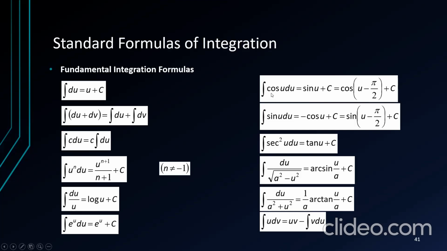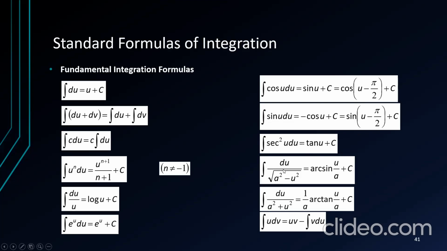Okay. Now, the integral of cosine u du is equal to sine u plus c, which is equal to cosine of u minus pi over 2 plus c. And the integral of sine u du is equal to negative cosine u plus c, which is sine of u minus pi over 2 plus c. And the integral of secant squared u du is equal to tangent u plus c.